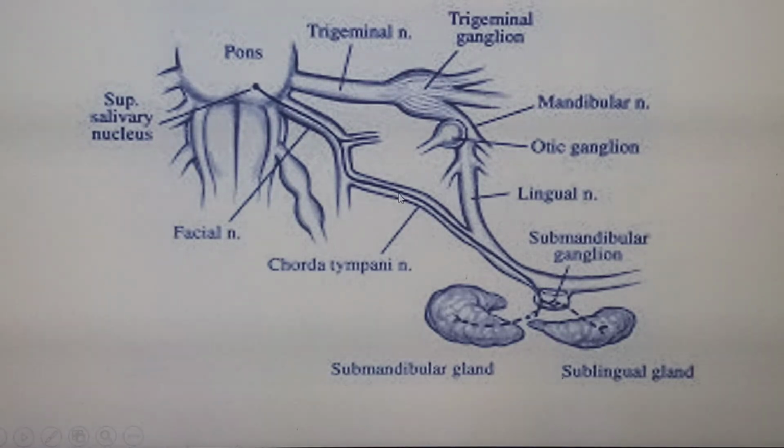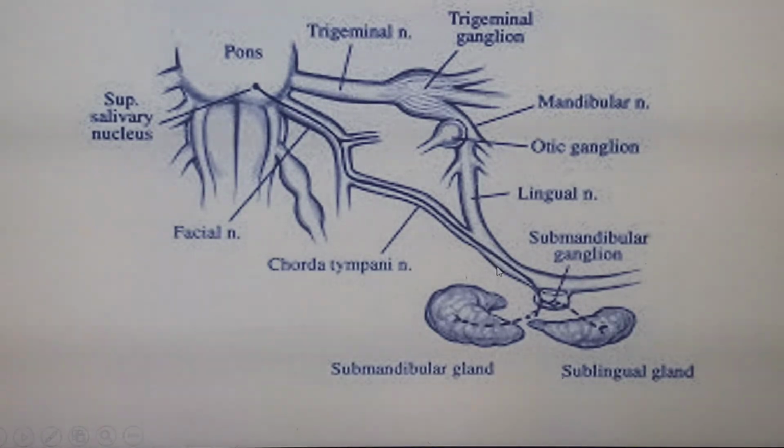But my friends, this same chorda tympani branch of the facial nerve wants to reach the anterior two-thirds of the tongue so that it gives taste sensation to it, except, of course, the circumvallate papillae. So before it gets there, it has to join this lingual nerve.